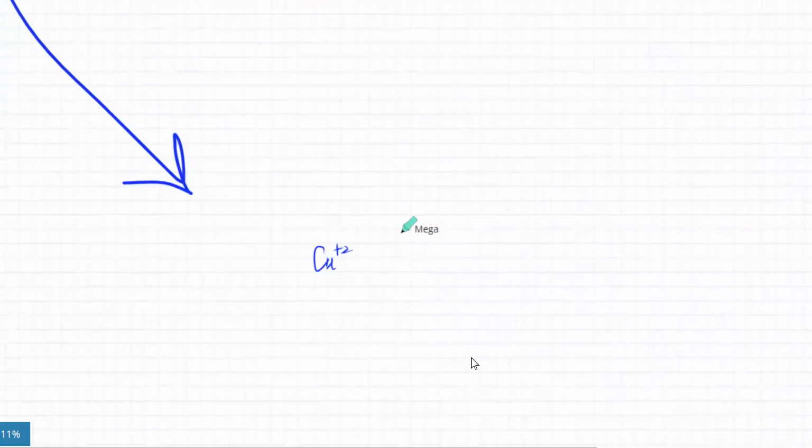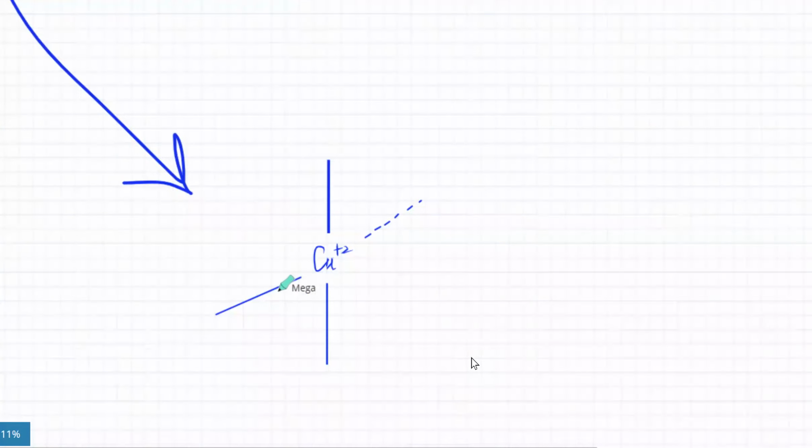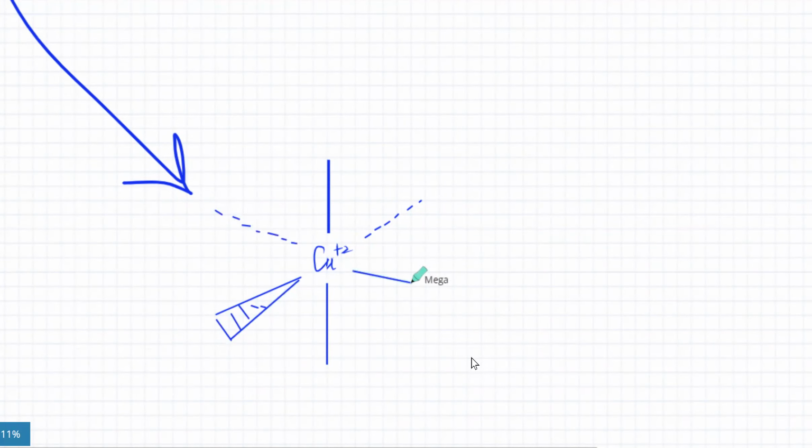And OH almost has the same size, so it's going to be octahedral as well. So one at the top, one on the bottom, one on the x-axis, and then on the y-axis.